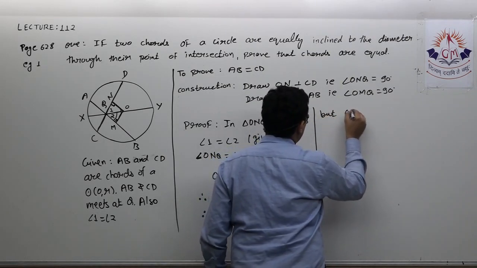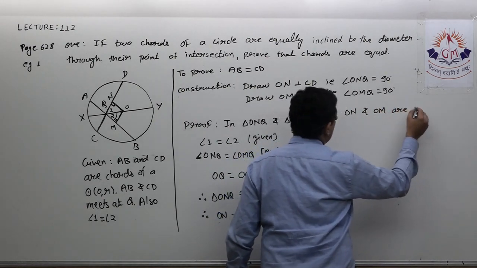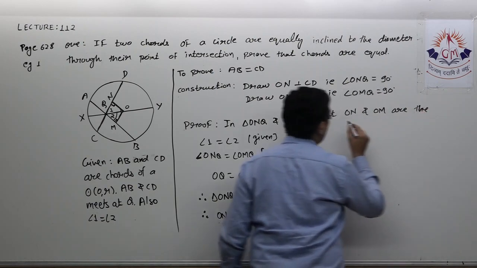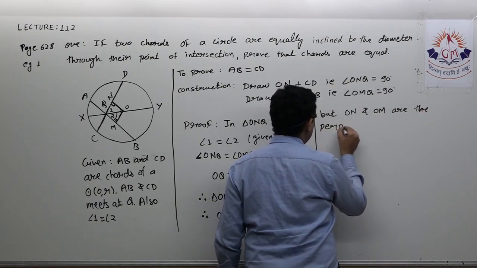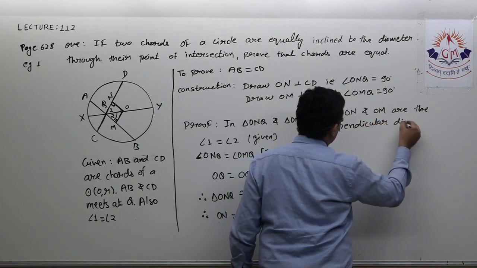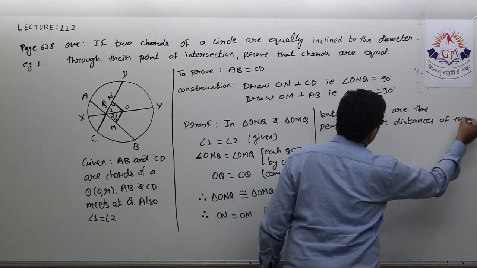But these are the perpendicular distances of the chords from the center. Here I do write, but ON and OM are the perpendicular distances of the chords from the center.